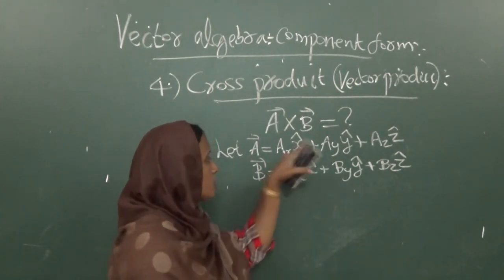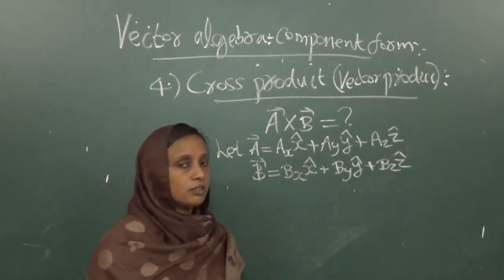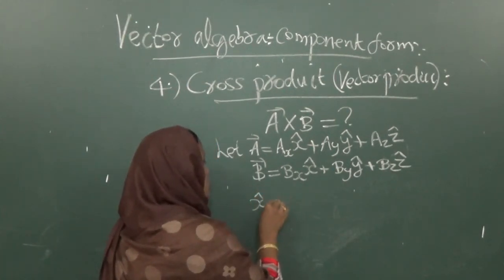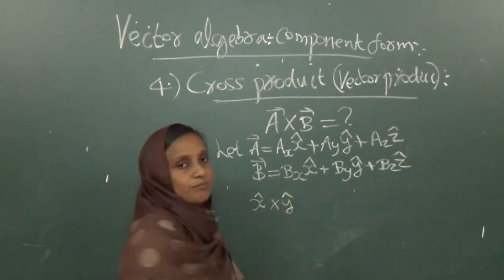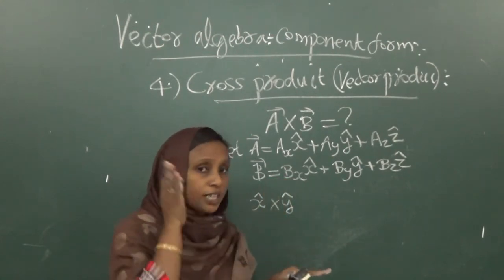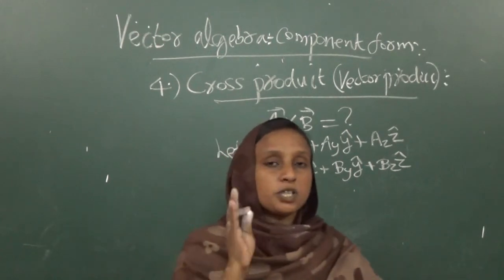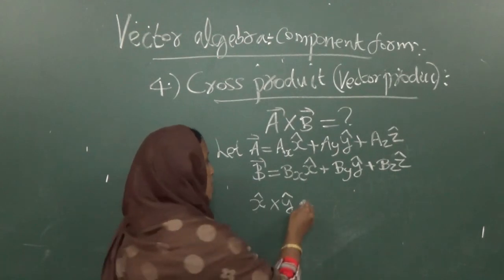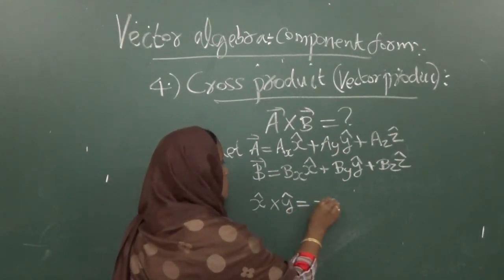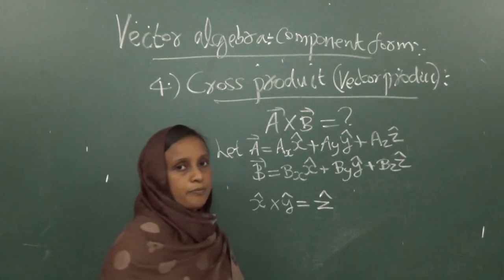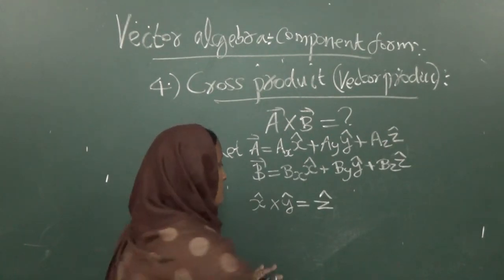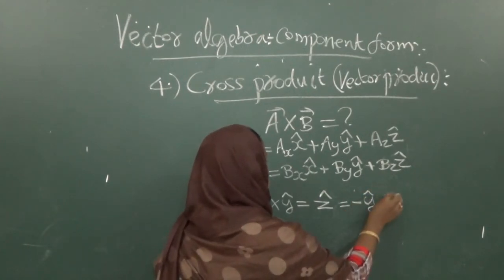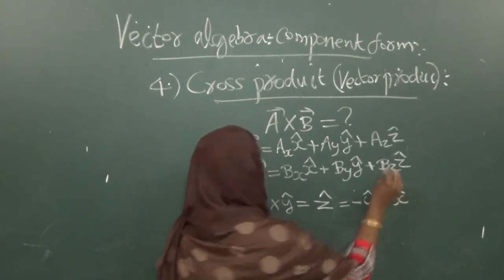Now we have to check how to find out the cross product. So here, x cap is the unit vector along the x direction. Y cap is the unit vector along the y direction. So x cap cross y cap equal to z cap. This is equal to minus y cap cross x cap.